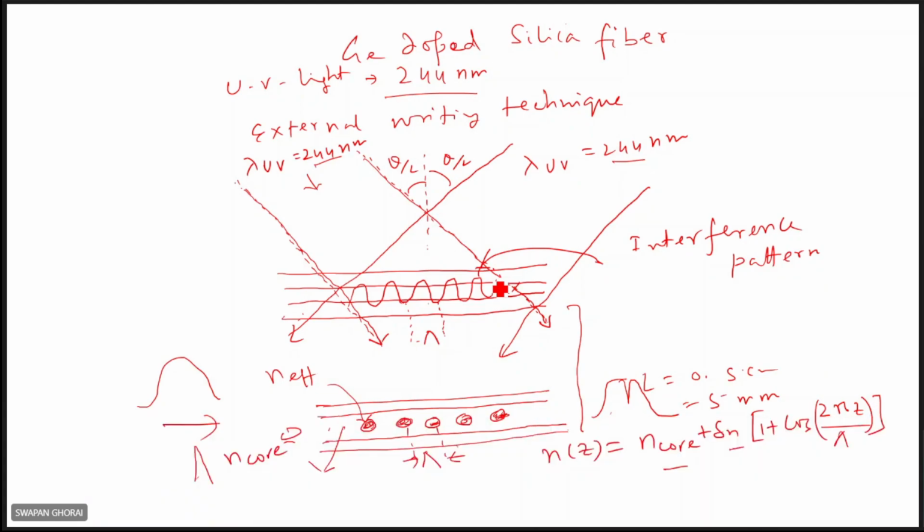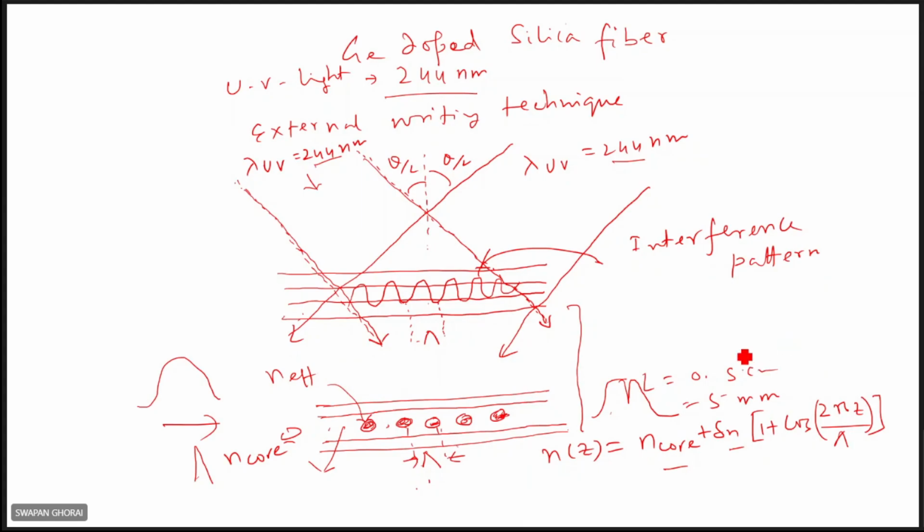Using this interference pattern, the refractive index variation will be there. Somewhere there is an increase in refractive index over the background refractive index in the core, where it is increased, that is delta n. And this is the grating pitch, capital lambda, the grating period.